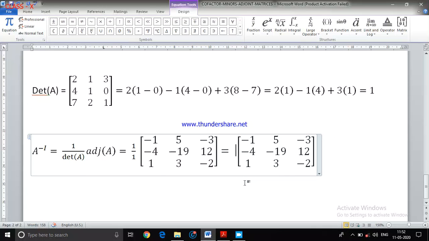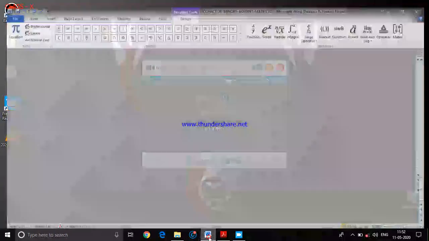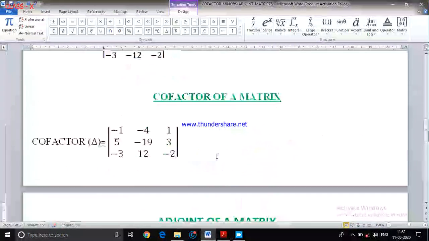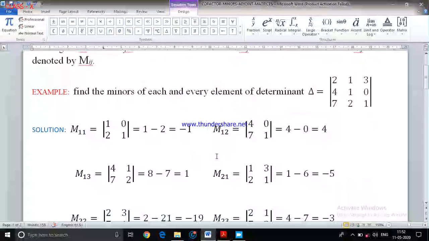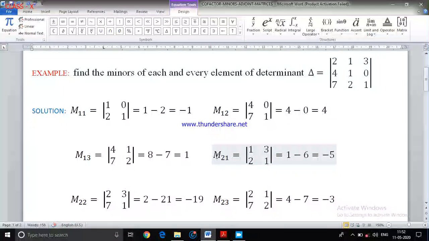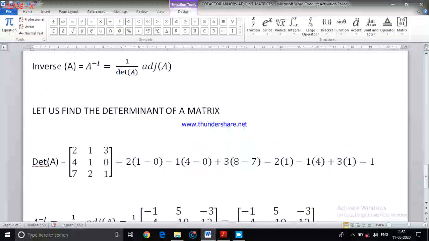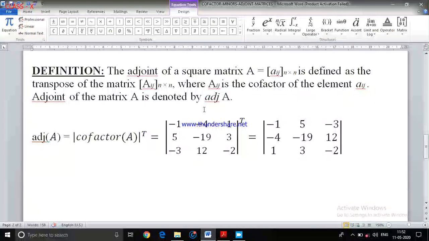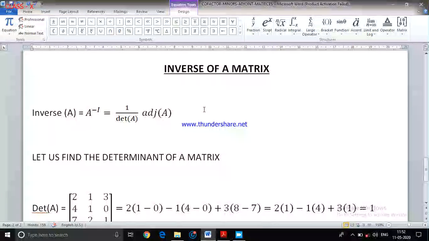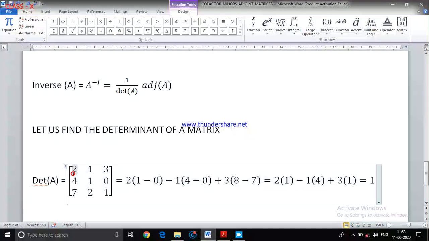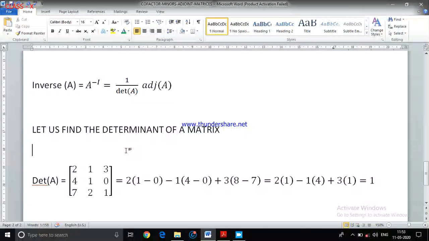So what are the things you have to remember to find the inverse of the matrix? The first and foremost thing is how to find the minors. Remember, here I took the delta directly, but in the question, if they give you the matrix in a closed bracket as A matrix, then you can use the minor of the matrix also.